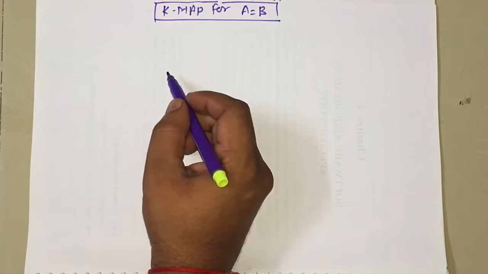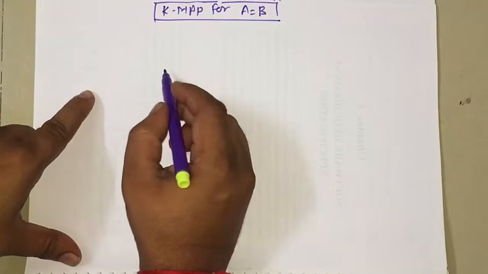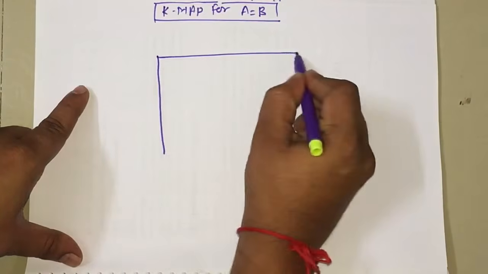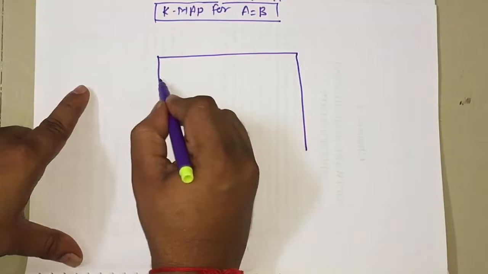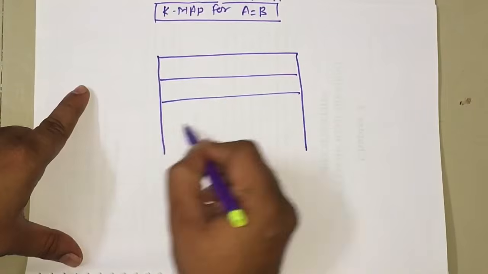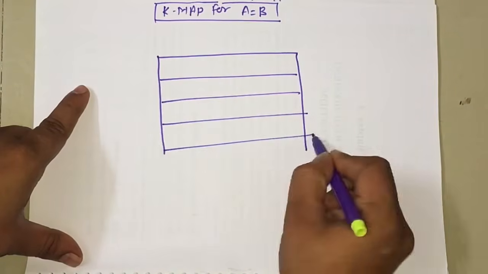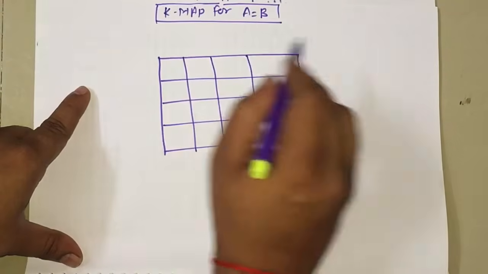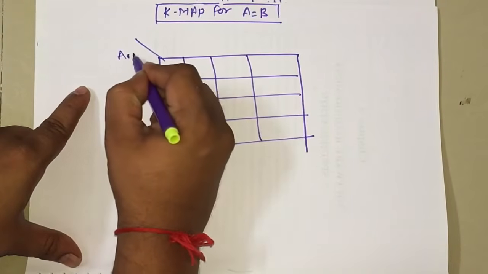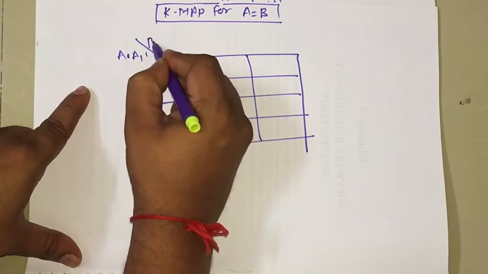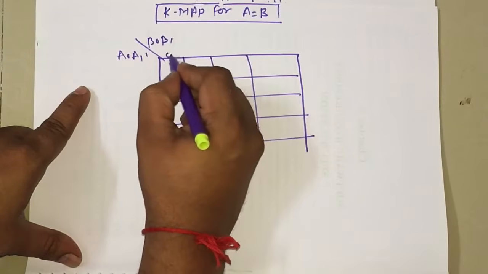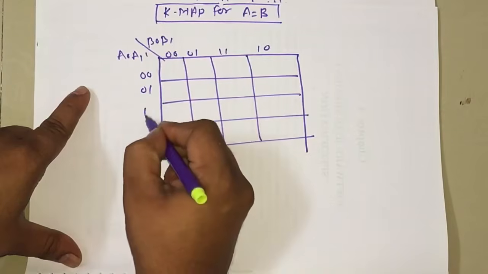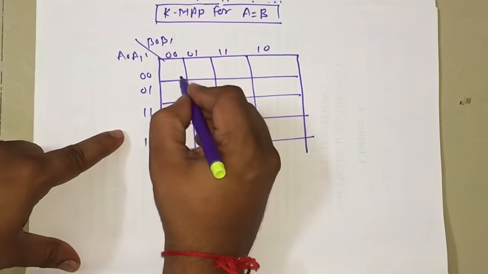Again, which type of K map is required here? 4 variable K map. A0 A1 and B0 B1 with 0 0, 0 1, 1 1, 1 0 for rows and columns.